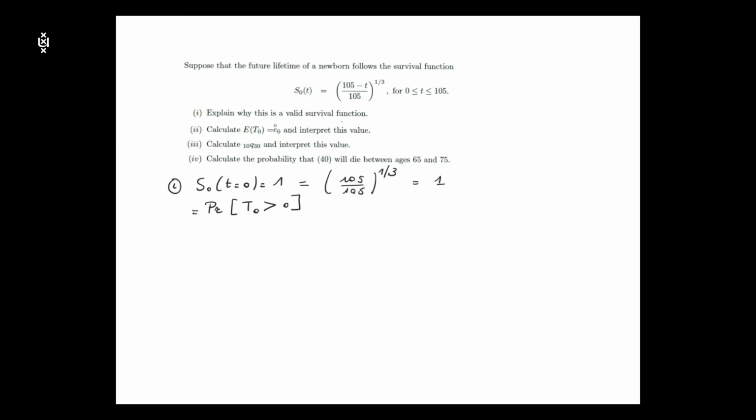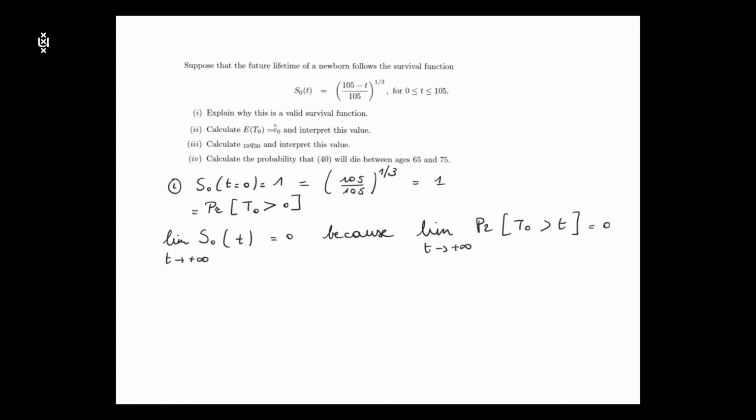As a next thing to verify, if we take the limit for t going to plus infinity, our survival function should go to 0, because then we're looking at the probability that T0 is taking a value above t. If t goes to plus infinity, that probability should go to 0.